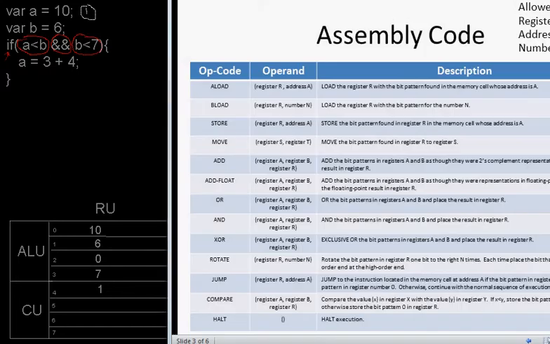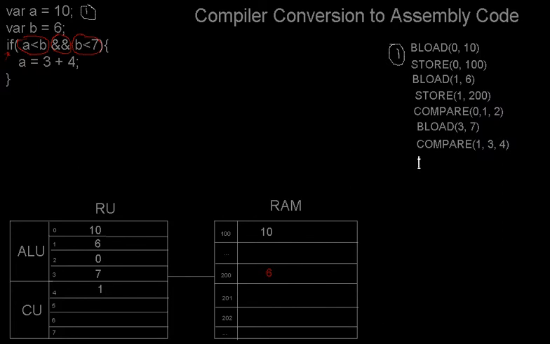Now that we have both operands for our AND function, we can look at using AND. So we'll check our syntax for that. AND will take A and B and store the result in register R. So AND A B R. So we want AND. Now our result for A less than B was stored in register 2. So 2, B is less than 7 was stored in register 4. 4, and we'll store this one in 5.